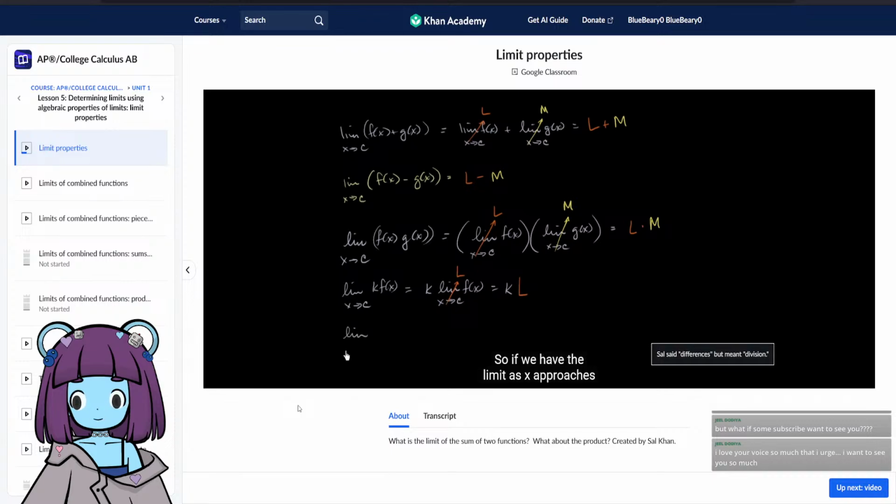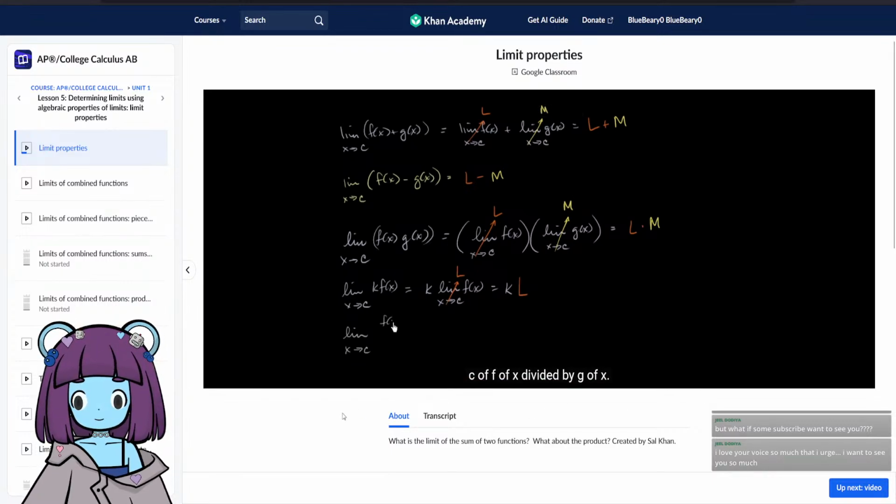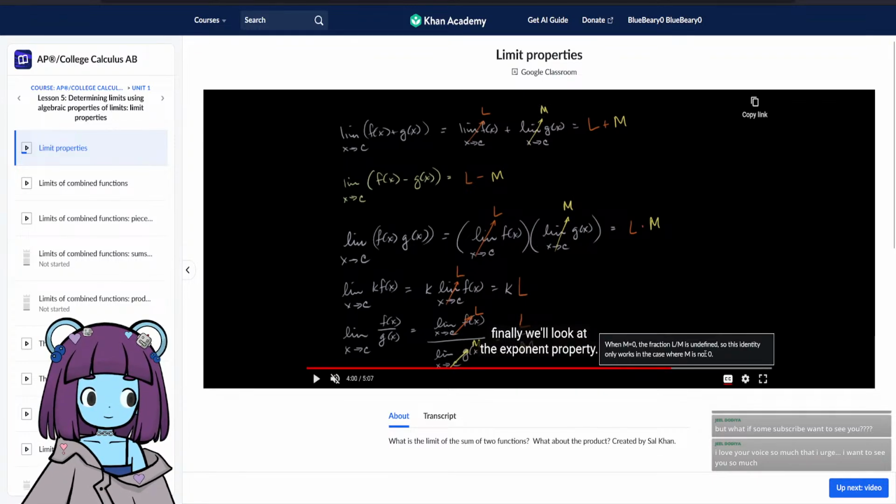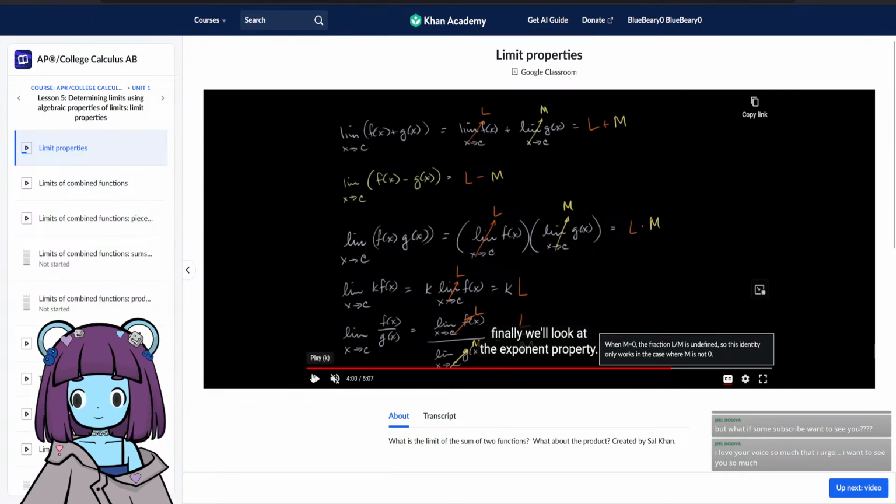And division, okay? Same thing with division. Interesting. So you can divide the two function limits. This identity only works when m is not 0, because it would be undefined. Alright.